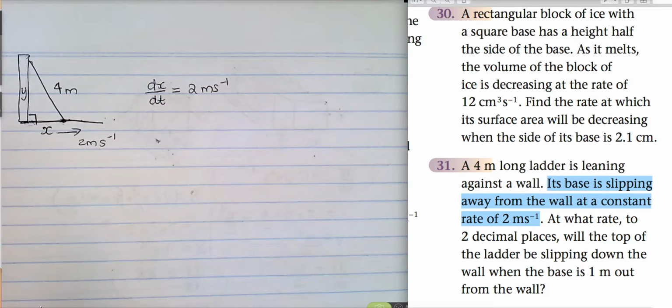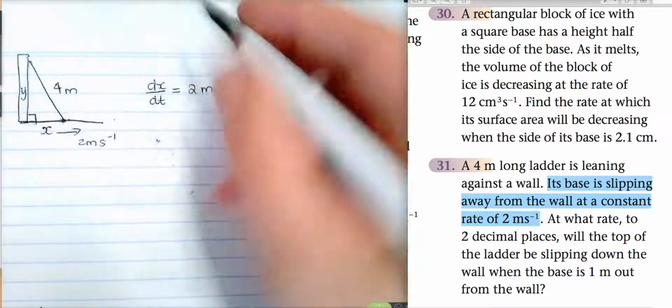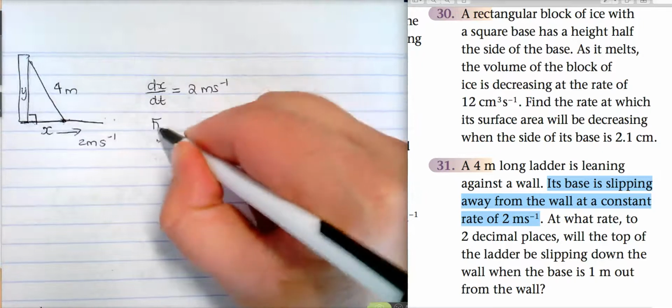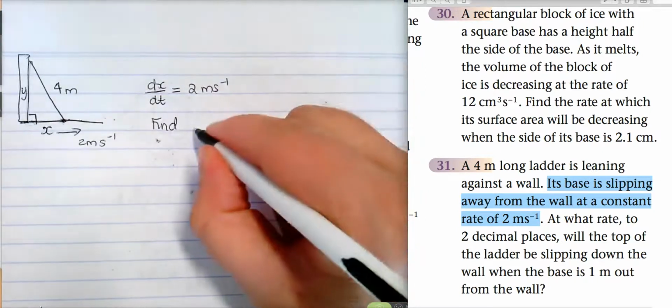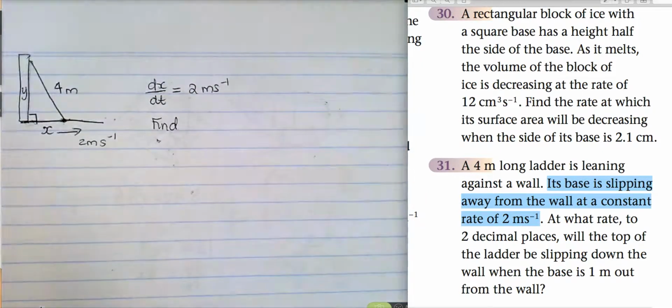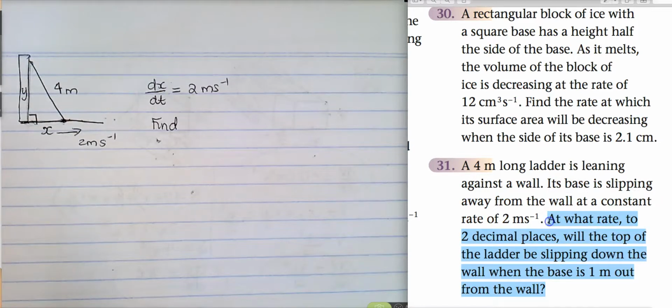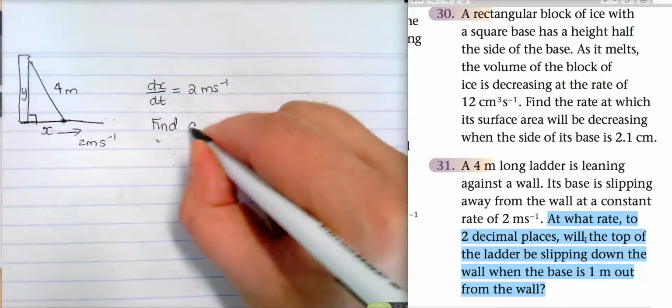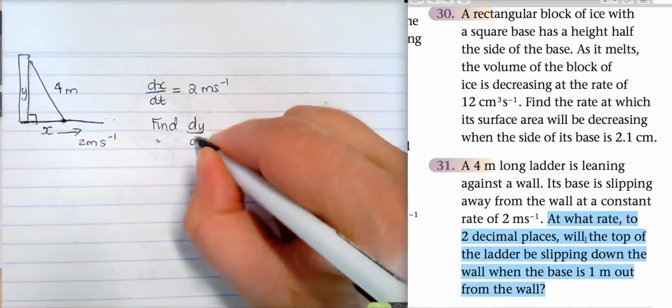It says, at what rate to 2 decimal places will the top of the ladder be slipping down? What are they asking for? We know that this distance is y, so they want us to find dy dt. At what rate will the top of the ladder be slipping down when the base is 1 metre from the wall?